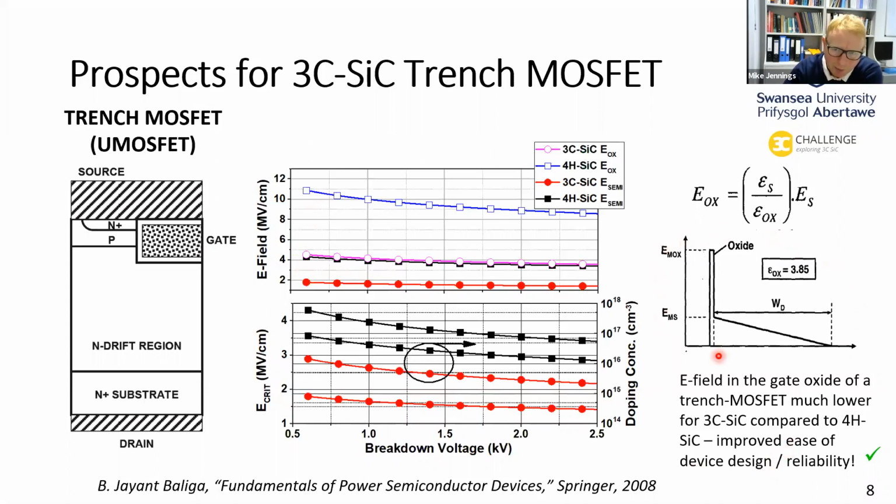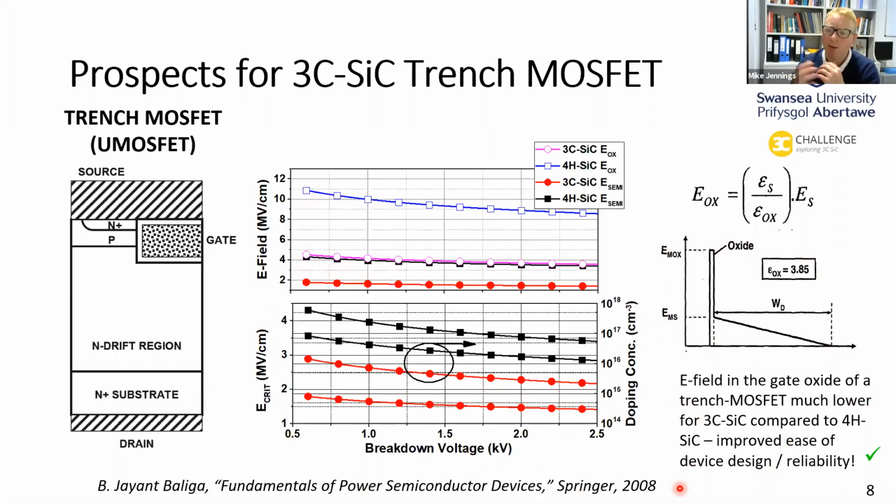This is a typical field profile taken from the Baliga textbook. The message I'm trying to get across is that for a trench power MOSFET, the electric field in the oxide will be much lower for cubic silicon carbide than for 4H.